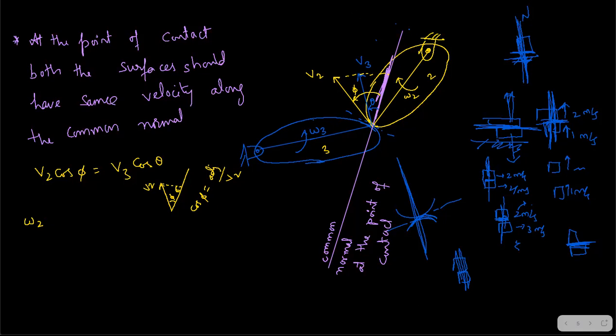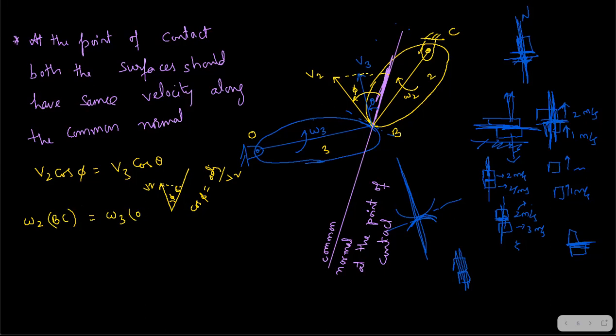Instead of writing R1 and R2, let's give the names O, B, and C. I can write V2 is omega 2 into BC, the radial distance, and V3 is omega 3 into OB.